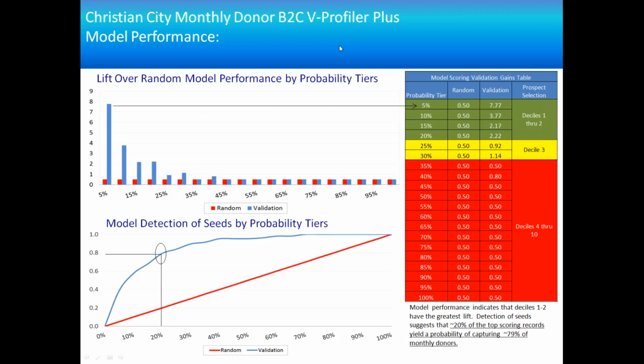So if we depict that as a graph, remember at the beginning, we had 302,000 prospects that fell within the zip code footprint containing the customers.